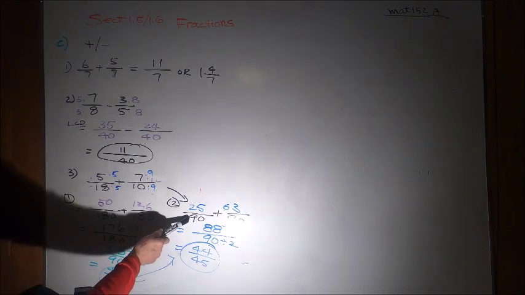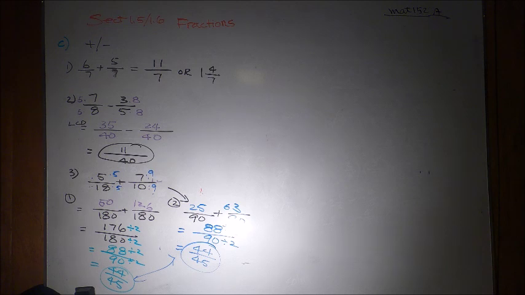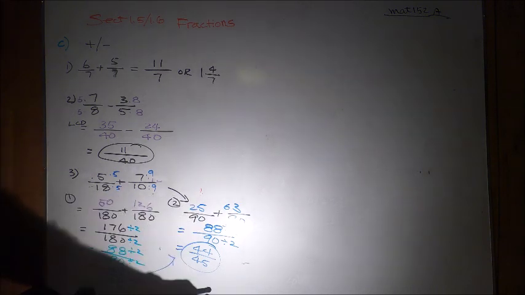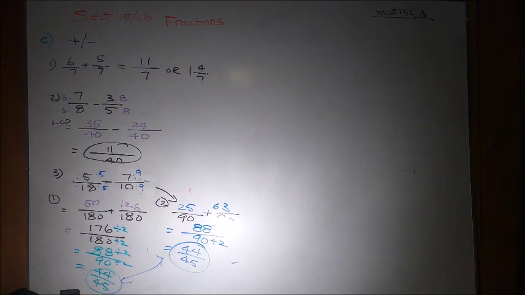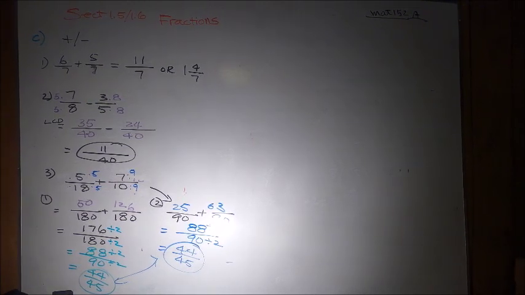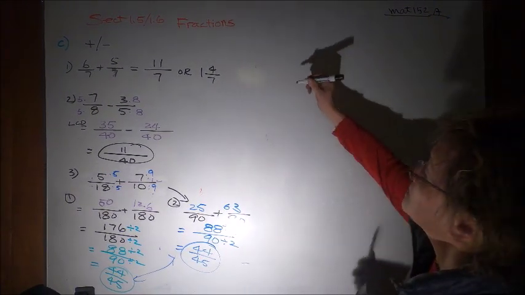Because you use a smaller denominator, which we call LCD, least common denominator, and it makes things simpler for us to do. But if you use 180 as the common denominator, it will still work. But sometimes the numbers get really big. Let's look at the next one.